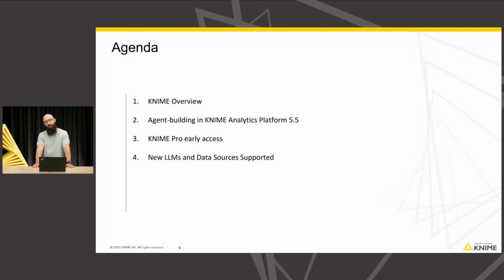And he will show us how to actually use the features that are part of that offering to deploy the agent that Emilio builds to the Community Hub. And then last but not least, Tobias will talk about all of the other things that changed in KNIME Analytics Platform 5.5, may it be new LLMs or new data sources that we now support.